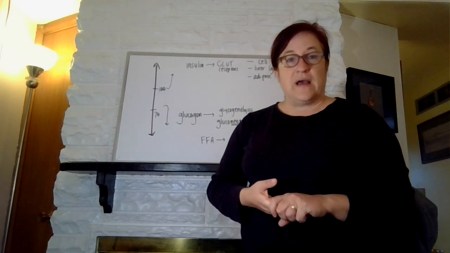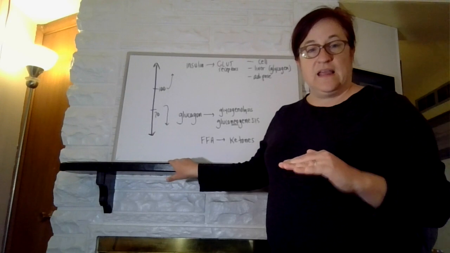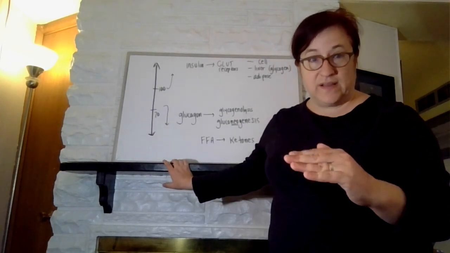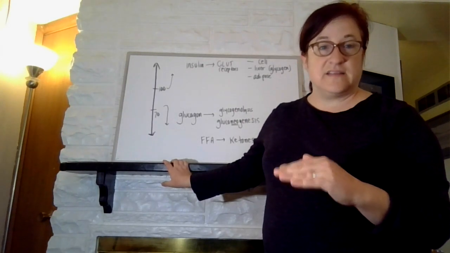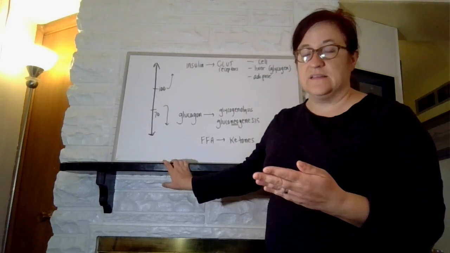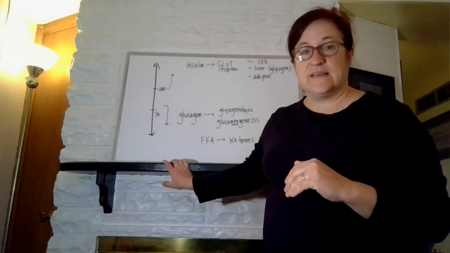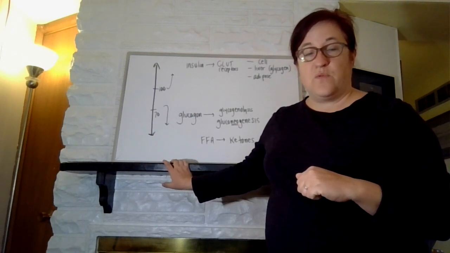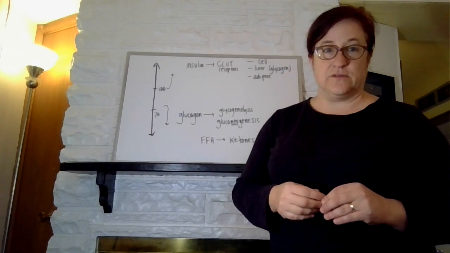So the body will switch to gluconeogenesis in a way to try to bring the blood sugar up, thinking that the cells are starved. They are, because the insulin isn't present, but we're just getting the blood sugar higher. And in the setting of diabetes type 1, because there is no insulin, we are shifting our body into acidosis.